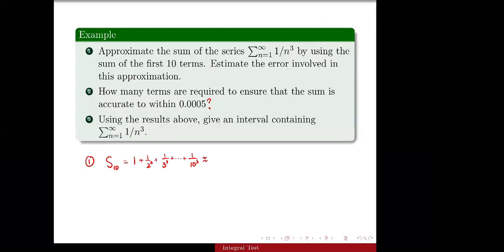So approximately 1.1975319. I'll stop here. So this is the sum, S sub 10.